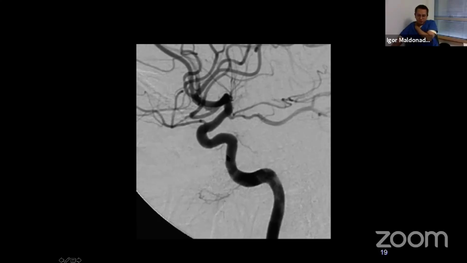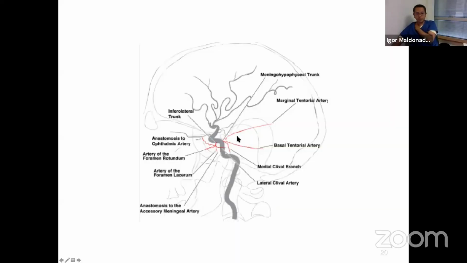But the important ones are those that come from the cavernous segments, such as the inferolateral trunk and the meningohypophyseal trunk. So this is the most common pattern. The meningohypophyseal trunk gives some long branches to the tentorium and the dura of the clivus, such as the medioclival branch, as you see here. And the inferolateral trunk also gives branches to the clivus.